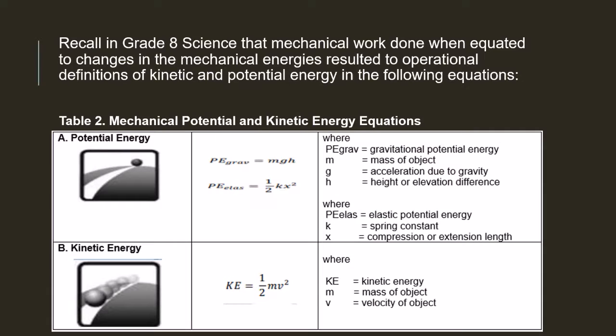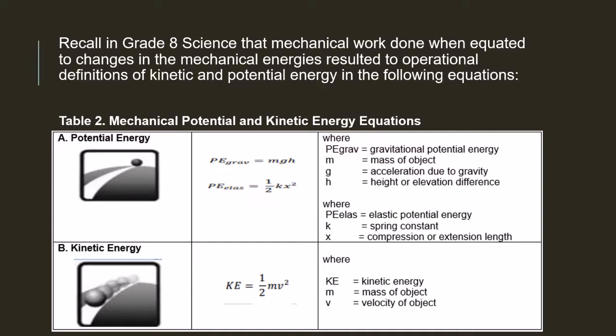Recall in grade 8 science that mechanical work done, when equated to changes in the mechanical energies, resulted in operational definitions of kinetic and potential energy in the following equations. Table 2, mechanical potential and kinetic energy equations. For potential energies, we have PE grav equals mgh.